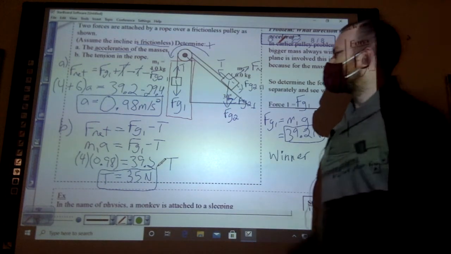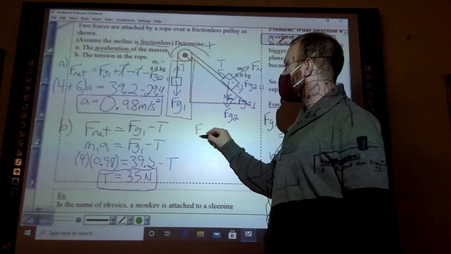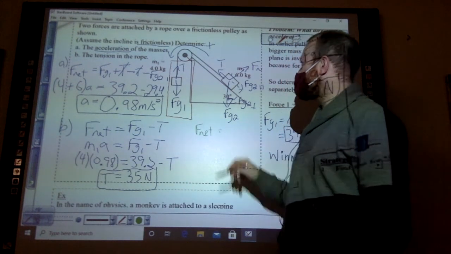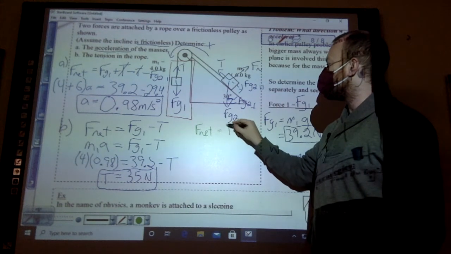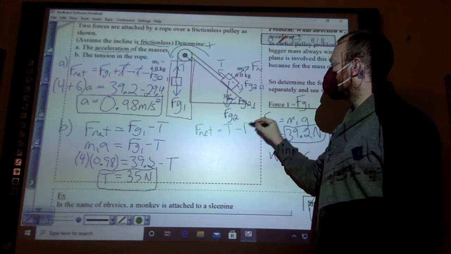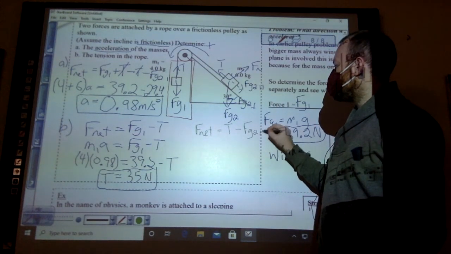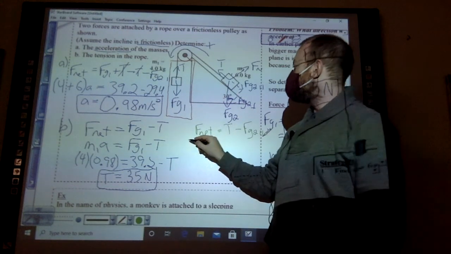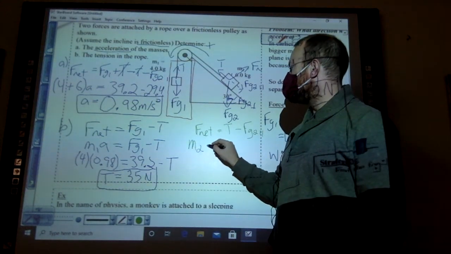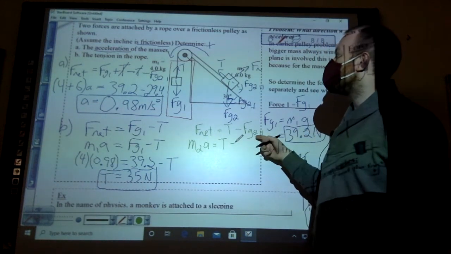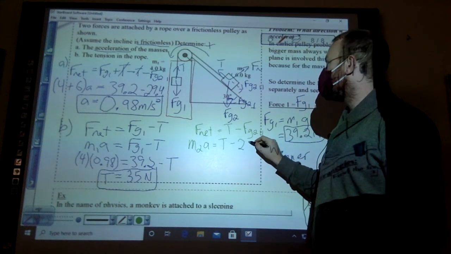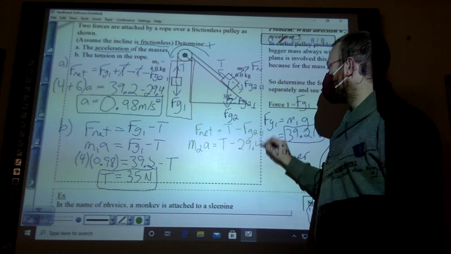So if I wanted to look at the second mass, let's try this out. For the second mass, again, we want bigger force minus the smaller. So the bigger one is tension minus FG2 parallel. This time we're dealing with mass 2. We've already figured out this one, thankfully. So 29.4.